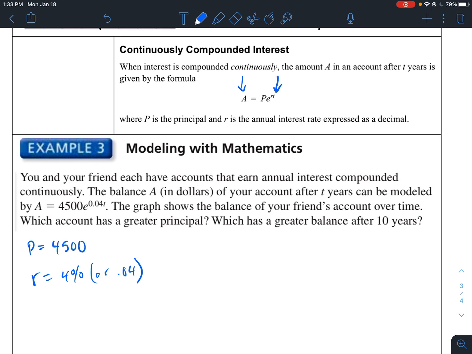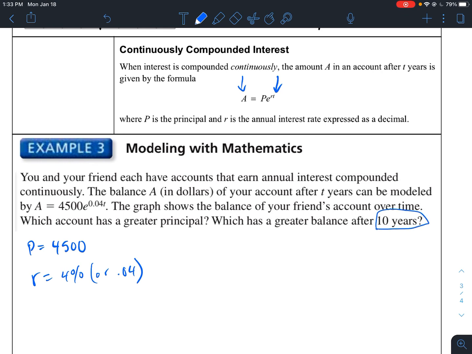Now in the book it tells you that you're comparing to your friends, and it gives a graph of your friends. Here I just want you to calculate what you'd have in your account after 10 years, okay?